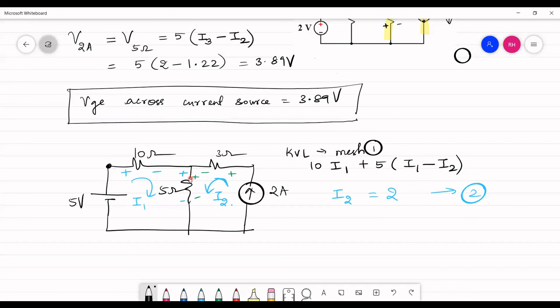Sorry, it is here plus: I1 plus I2. Then I continue. Now I travel from minus to plus and I see 5 volt and I have come back to the point where I started. So this is the first equation. Solving these two equations, or by directly substituting the value of 2 here, you could find I1.